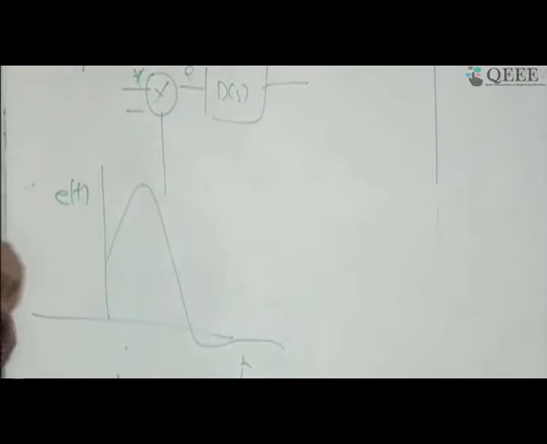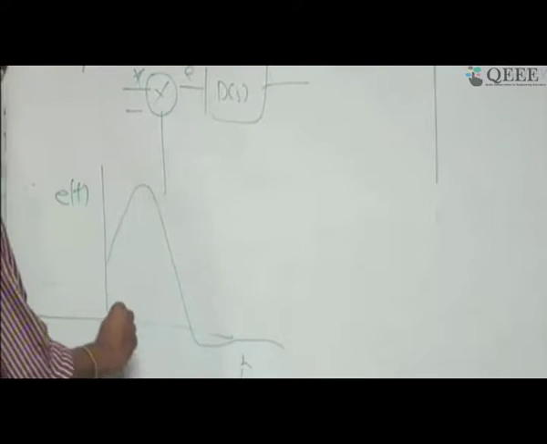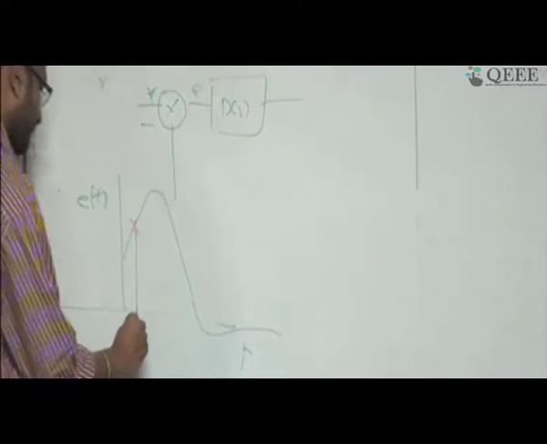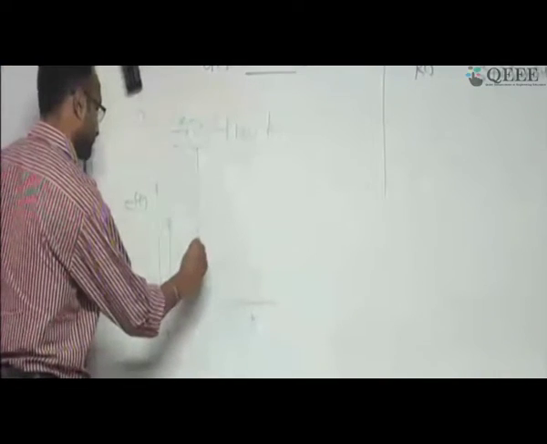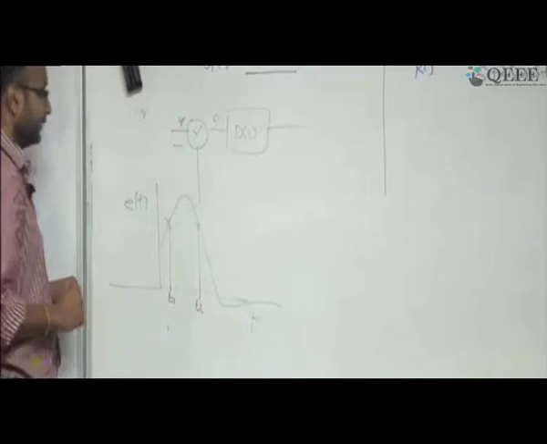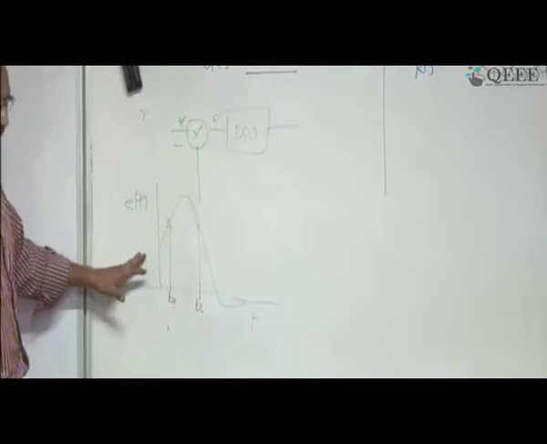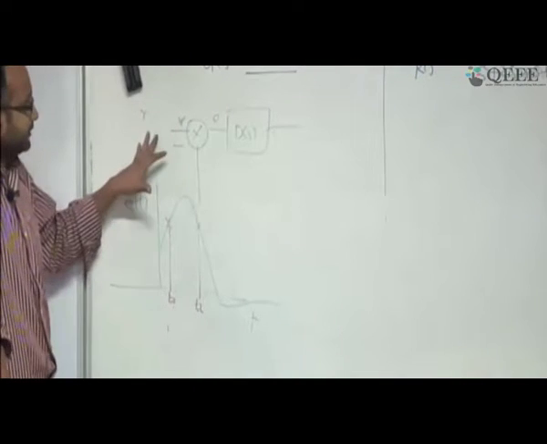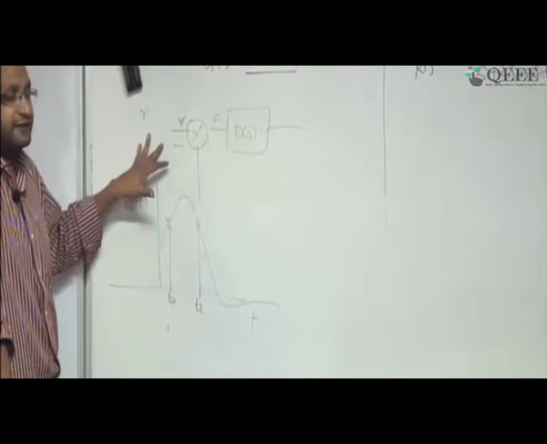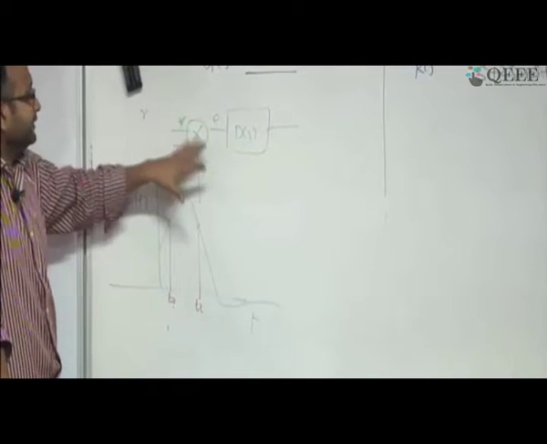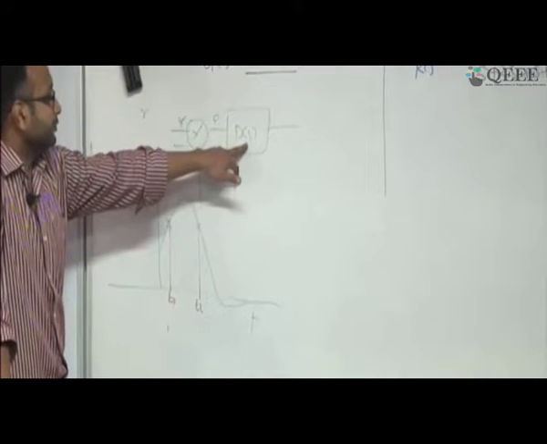Now, one interesting thing you can see here, if I look at a particular time t1 and time t2, okay, please let me again emphasize this point, because it's a very intuitive way of understanding the derivative controller. The derivative controller which I talked to you about is going to be here.